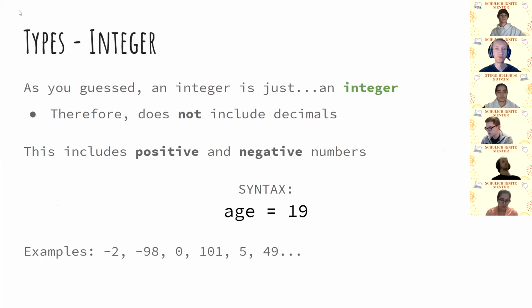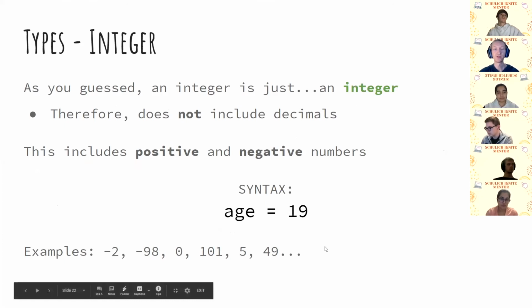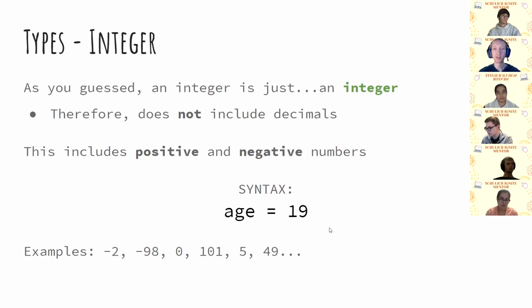It's a whole number, so it doesn't have any fractional part, doesn't have a decimal place to it. In the examples that we have here, you can have positive and negative numbers as well. And all that you do to create that integer is specify that number. This has to be just numbers. So you just put in the sequence of numbers, and that's going to be your integer.